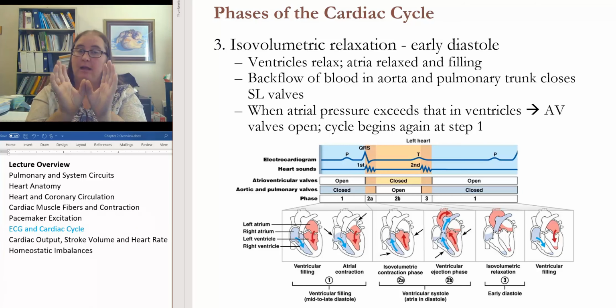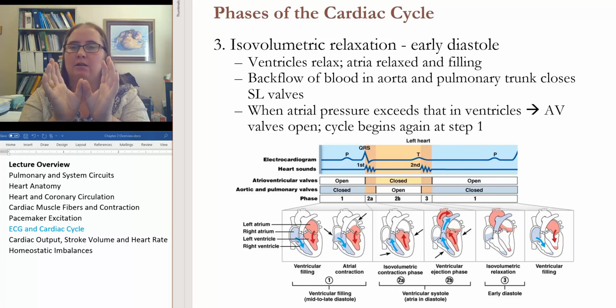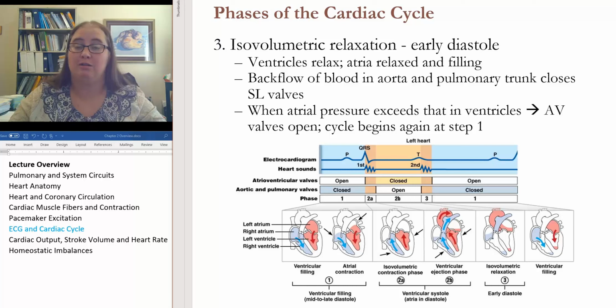However, the pressure in the atrium isn't quite strong enough to open our AV valves quite yet. So there's a small period of time where the heart goes, oh, there's nothing there. And all of a sudden, the floodgates open, the AV valves open, and you restart ventricle filling.